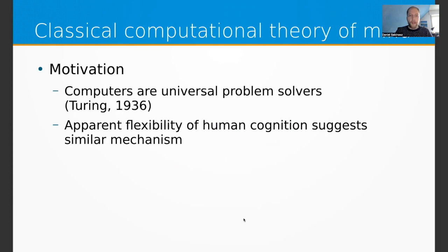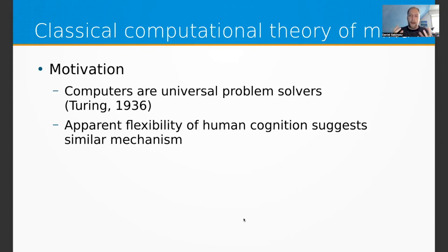And the motivation for this theory generally is that it can be shown theoretically that computers are universal problem solvers. So any problem that can in principle be solved by a mechanical procedure can be solved by a computer, or more abstractly by a Turing machine. And this then gives us the computer as a model of the universal problem solver.